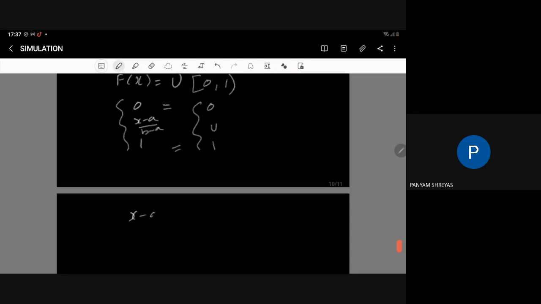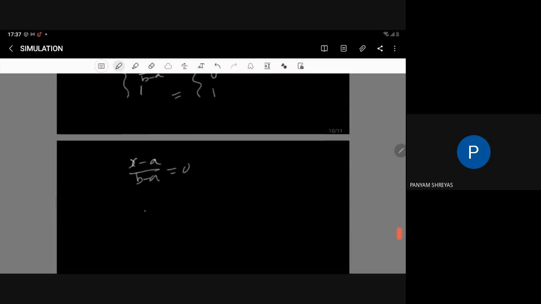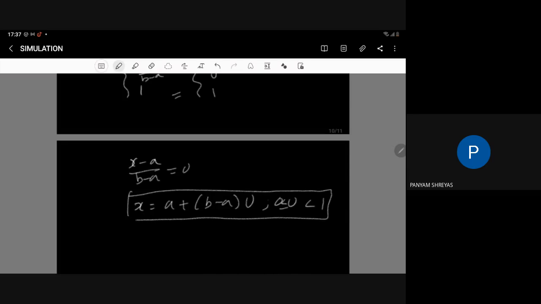So (x minus a) upon (b minus a) is equal to u. So x will come a plus (b minus a) into u, where u lies between 0 and 1. So this is the scheme to generate the uniform variate.